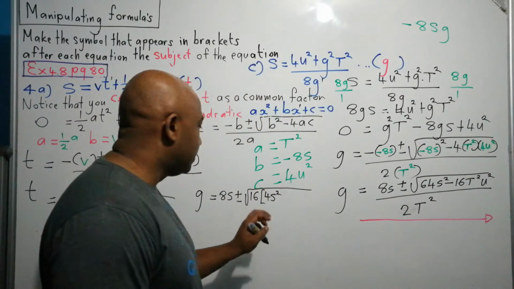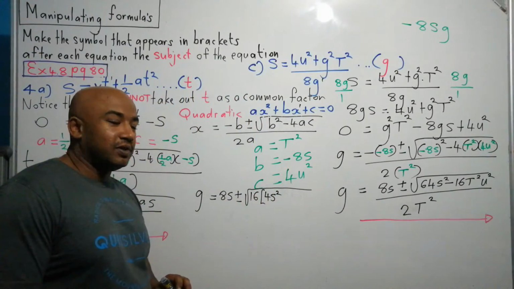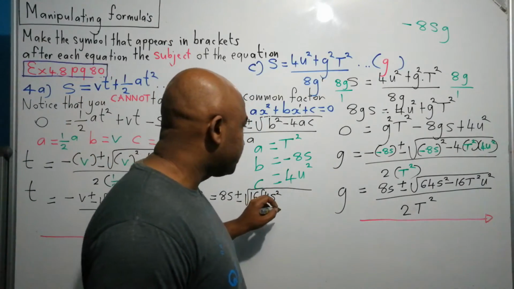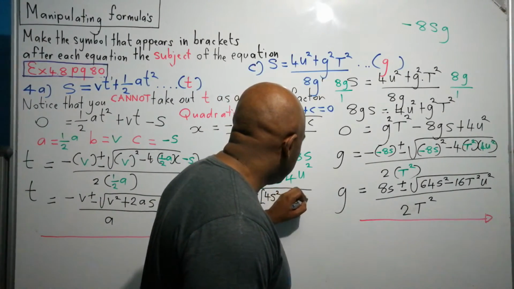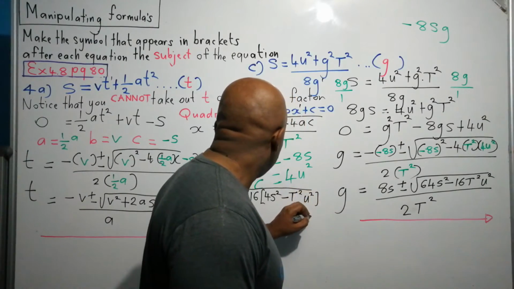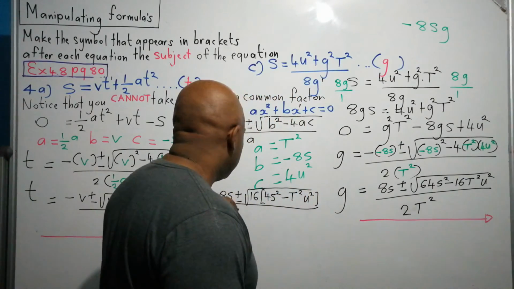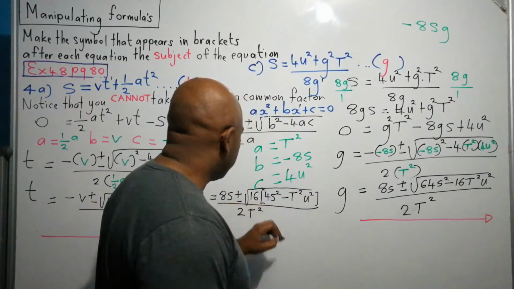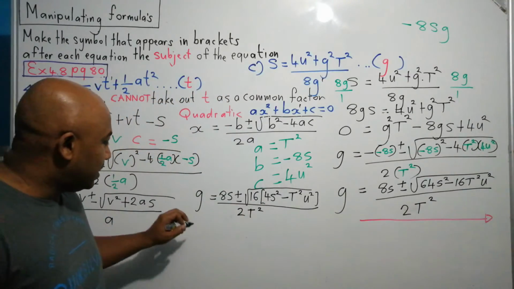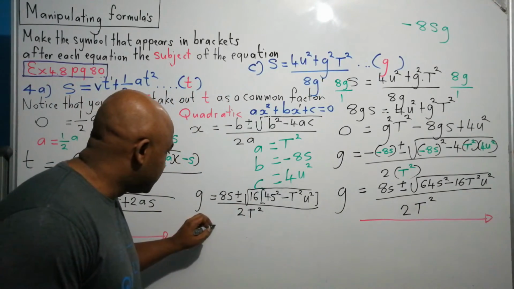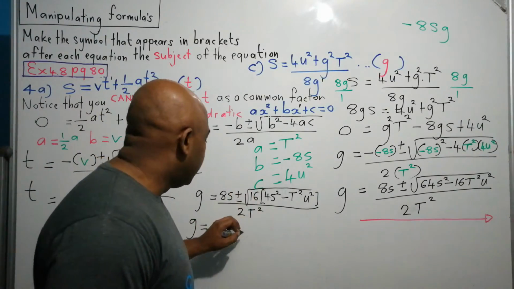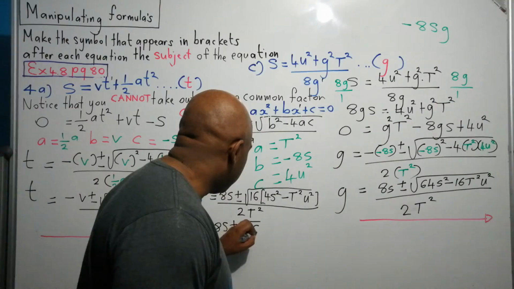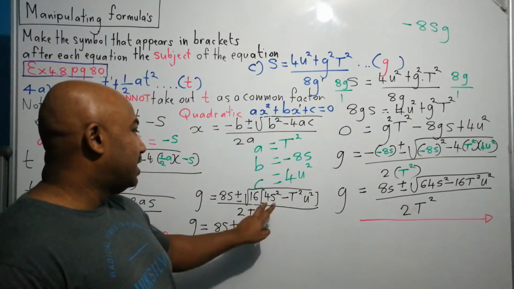Okay, so if I take out 16, I'm left with 4s squared, because 16 times 4 will give you 64, minus t squared u squared, all divided by 2t squared. Okay, so now I've got g is equal to 8s plus or minus. Now I can go and find the square root of 16, since now this is multiplication.